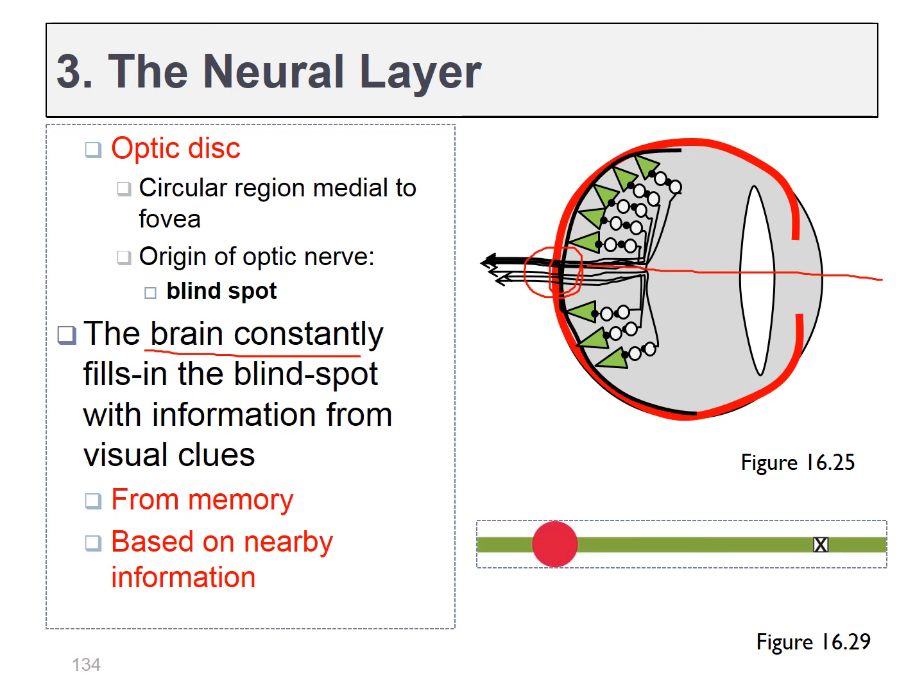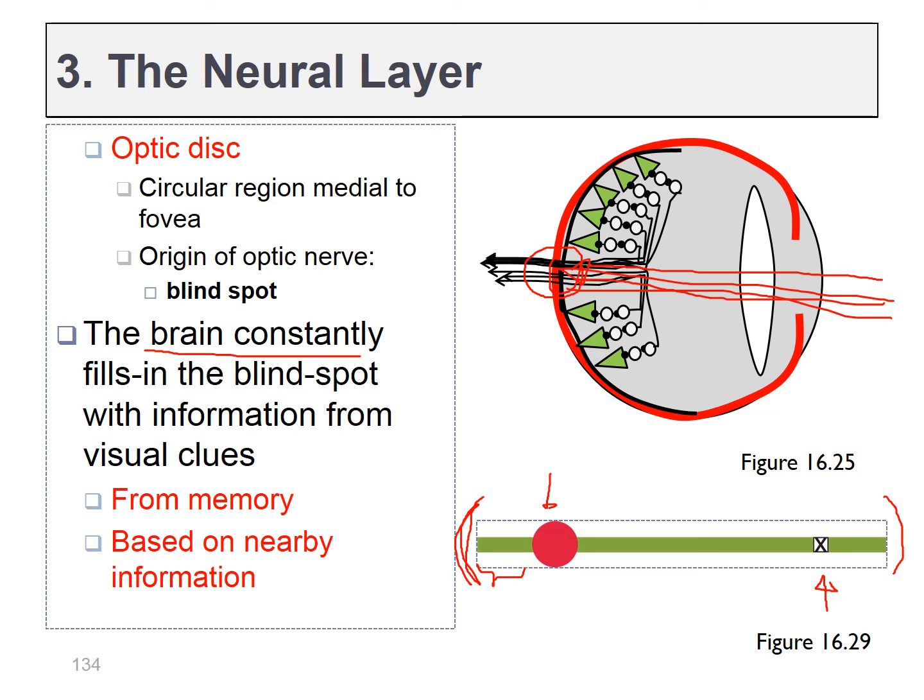One way to trick your blind spot is to take one of these strips here, focusing on the X, and move this closer to your face until the light from this red circle is entirely hitting the blind spot. At that point, your brain has to fill in that gap with what it thinks should be there.